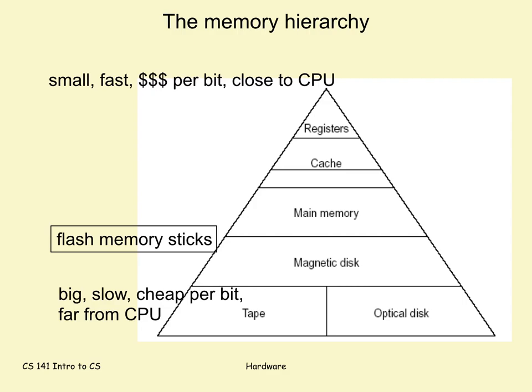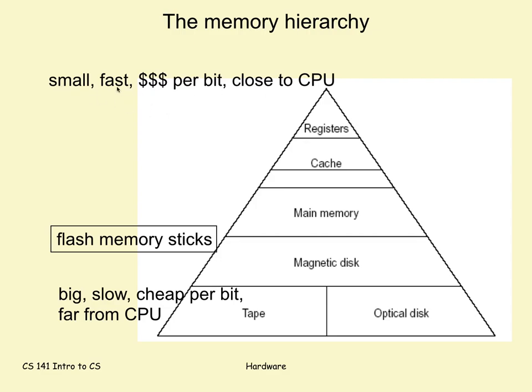So we've created this hierarchy so that we can communicate as quickly as possible, because the CPU runs faster than any memory that you know. And so that's why we want to get memory close to the CPU to be very fast, and memory that's further away can be slower. So the registers are the smallest amount of memory that you have in your computer.